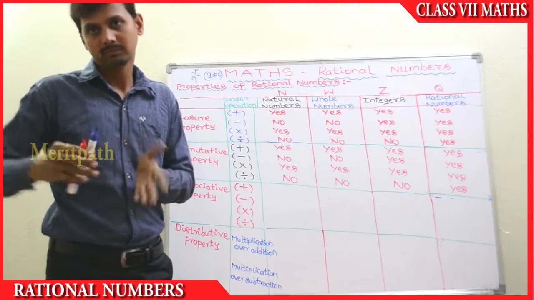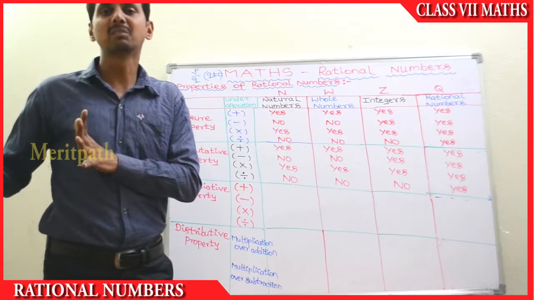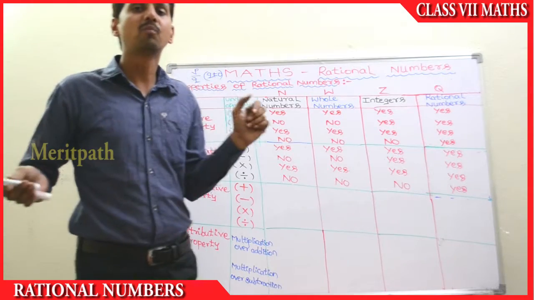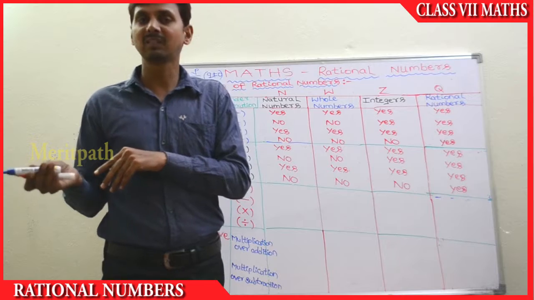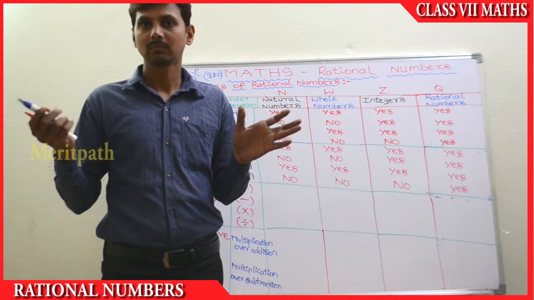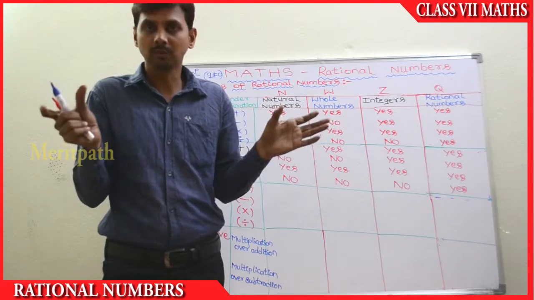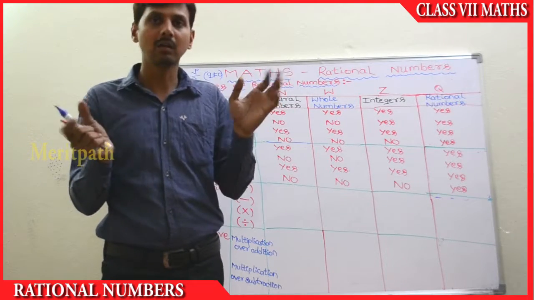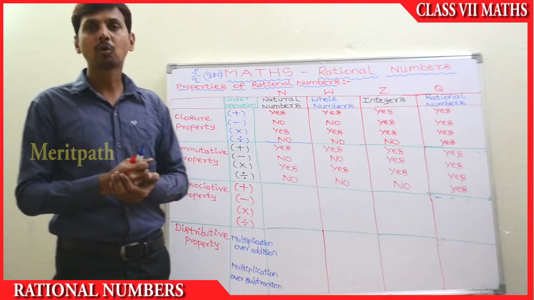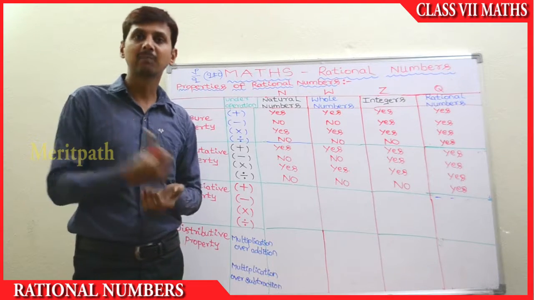That is equal to the same three numbers with a different group. In the first case, the other two numbers we take as a group in brackets, and we simplify both using the BODMAS rule. If both sides are equal, we say the associative property is applicable.